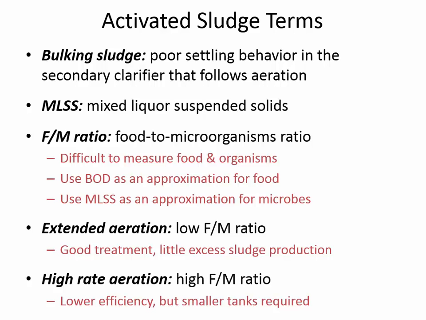High rate aeration, on the other hand, means you're loading down the microorganisms with lots of food. Smaller tanks are required, but the quality of the wastewater coming out isn't as good as it would be with extended aeration. So high rate aeration would maybe be a residence time of between 1 to 3 days.